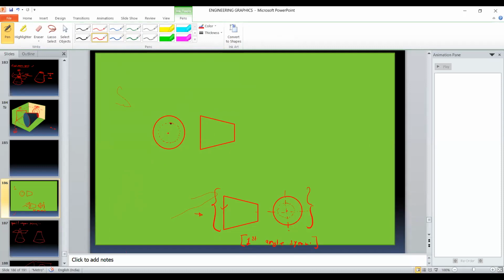So this is the symbol for the third angle projection method. Okay, so I hope this difference is clear, how to represent by first angle and third angle projection method.